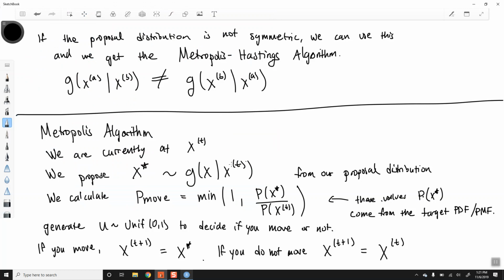To calculate the probability of moving, we need the PDF or the PMF of the target distribution. But technically, you don't need the exact PMF or PDF of the target distribution. You only need something proportional to it. Say we're in a Bayesian situation where we haven't calculated the marginal probability.